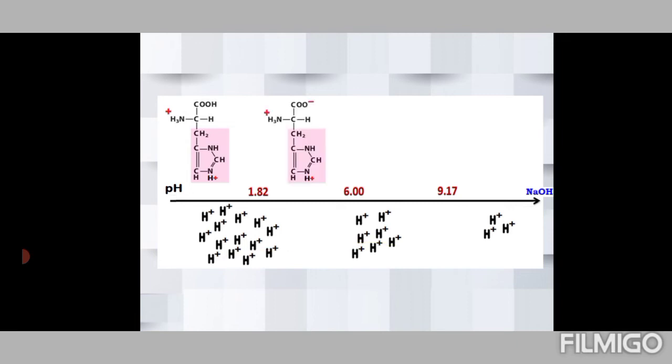At first, this COOH group gets deprotonated. At this particular pH, it will be 50-50, and at pH of 6, the R group gets deprotonated, and further addition of NaOH causes, so this is obviously the Zwitter ion.